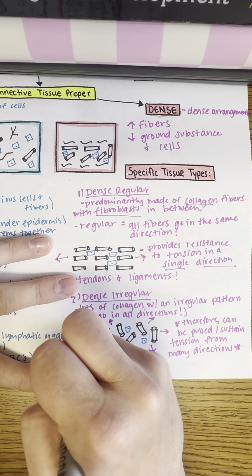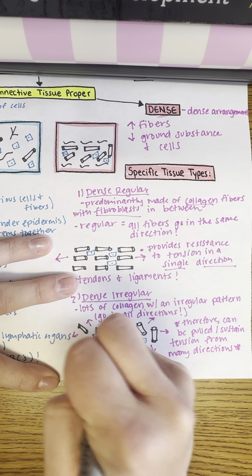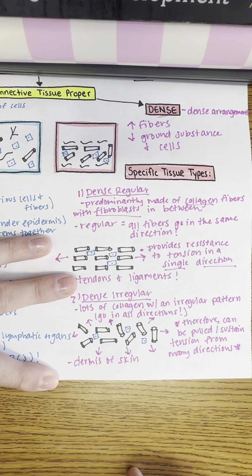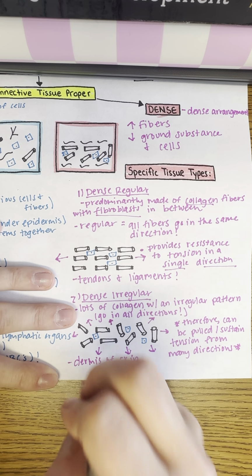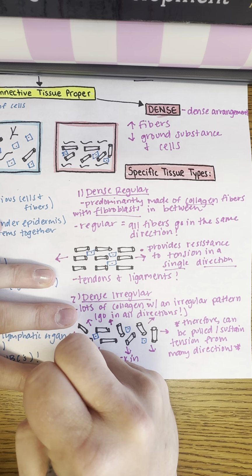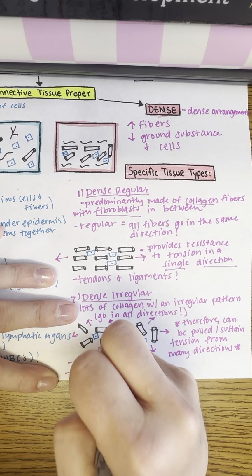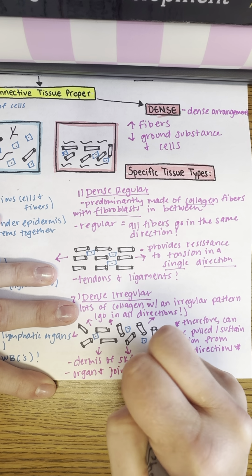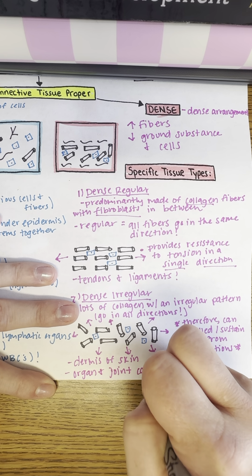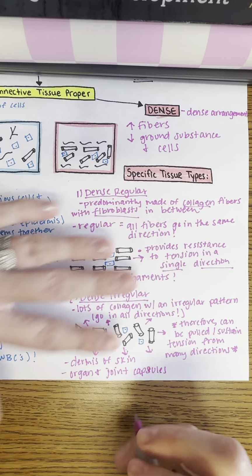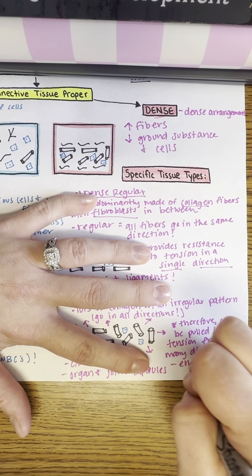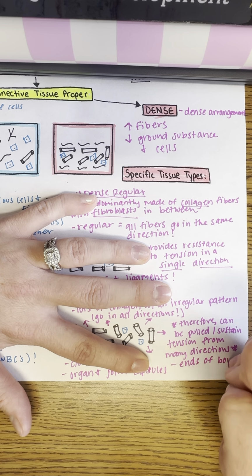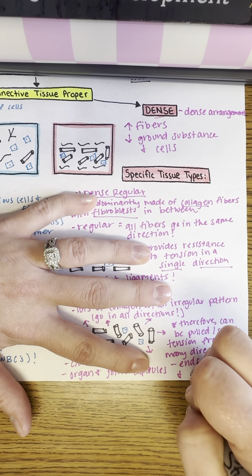It's going to be the dermis of the skin. So your skin is nice and flexible. Organ and joint capsules. And ends of bones and cartilages.